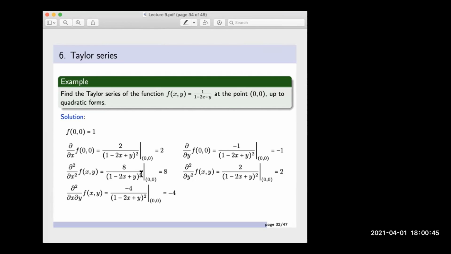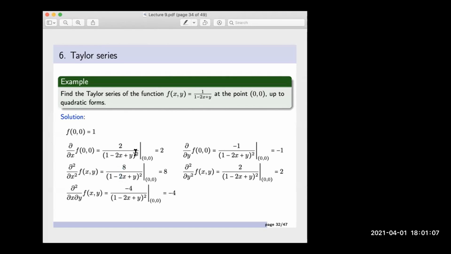Sorry, there is a mistake here. The power should be 3 if you take one more derivative. But according to the chain rule, you need to multiply this result by the coefficient of x.